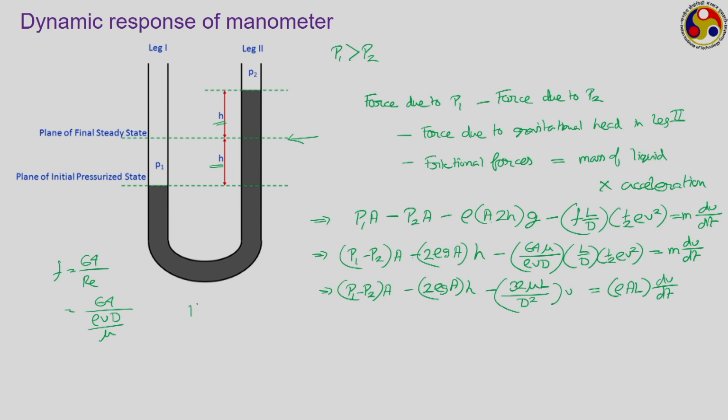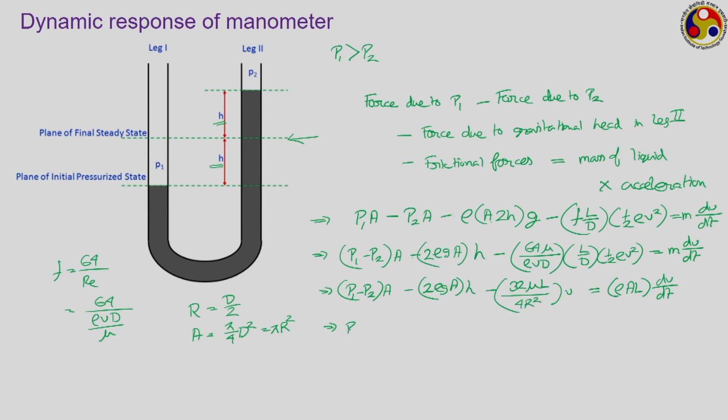And if capital R is the radius, it will be equal to d by 2 and area will be equal to pi by 4 d square, that is pi r square. So, converting this d in terms of r, d square can be written as 4 r square.